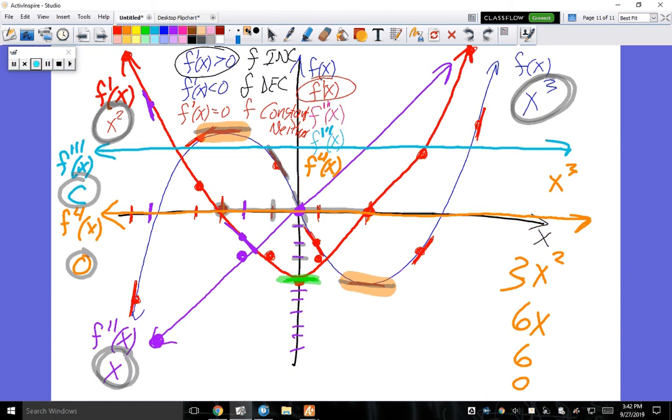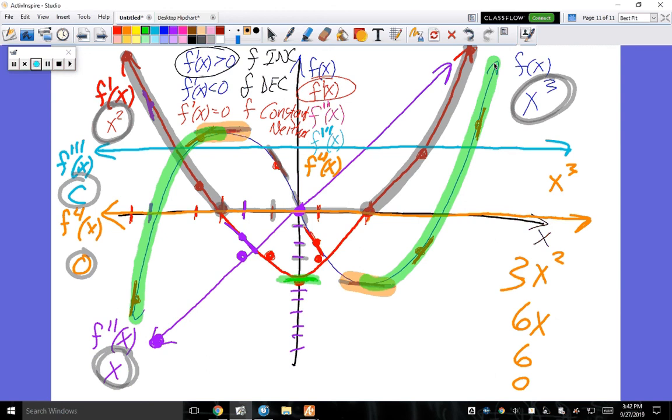Yep, here we go. Ready? So let's look at blue and red. Red is positive. F prime of x is positive right here, and f prime of x is positive right here. And it makes sense, because that means that f of x is increasing, and increasing.